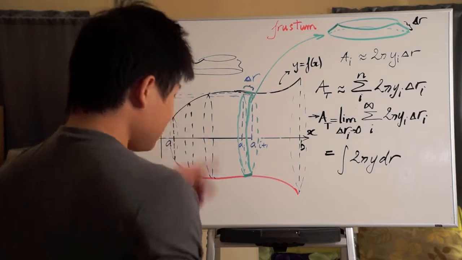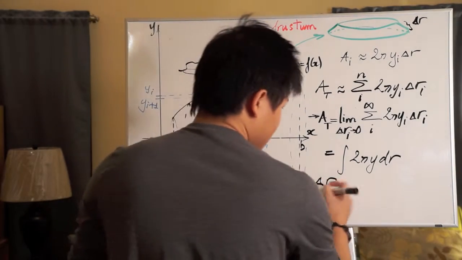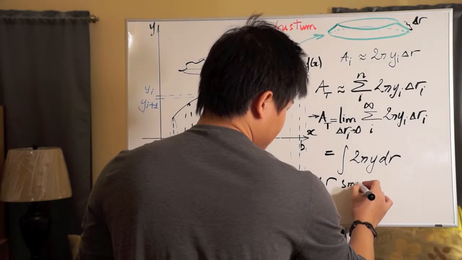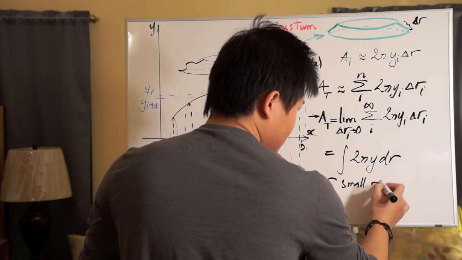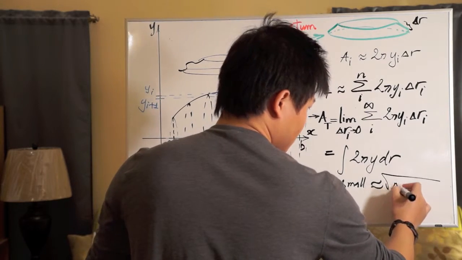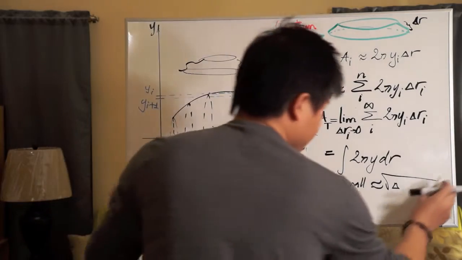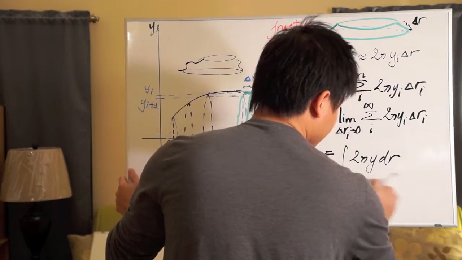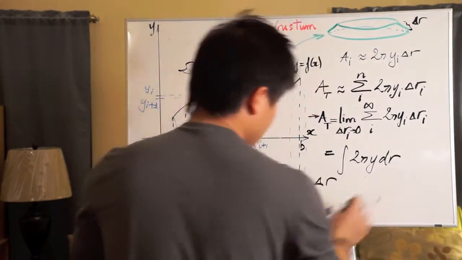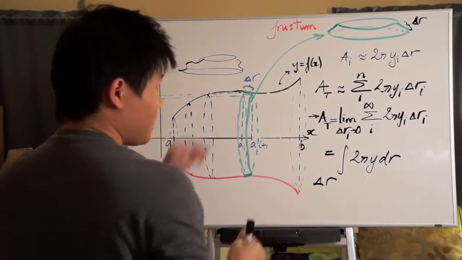So how do we change dr into something more manageable? Now we know that when delta r gets really small, delta r is small enough so that it becomes a straight line.